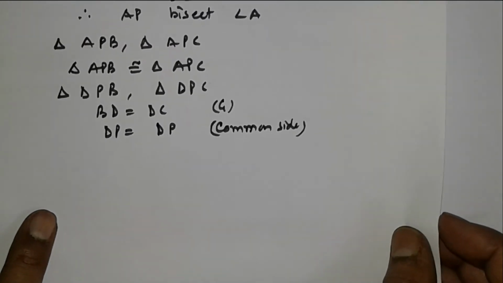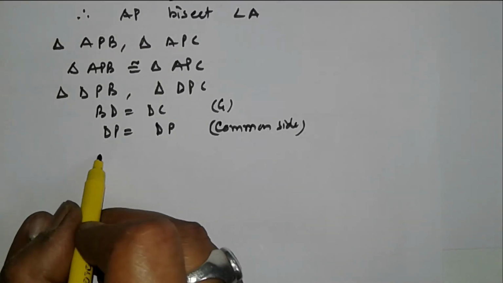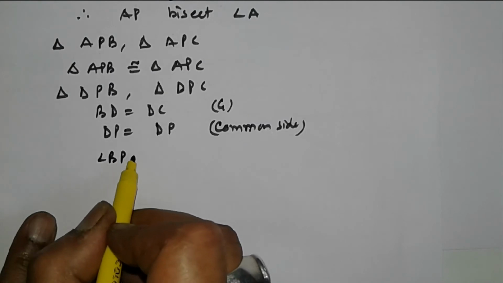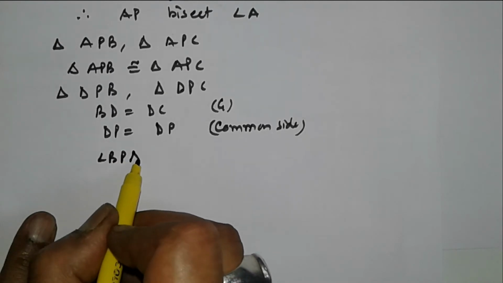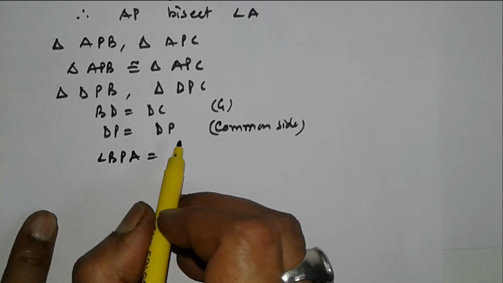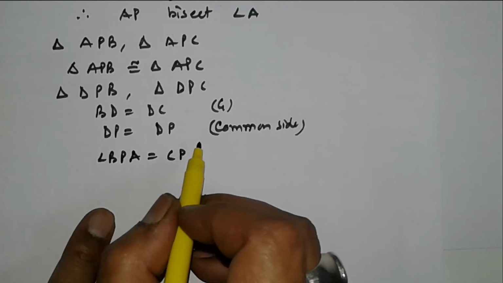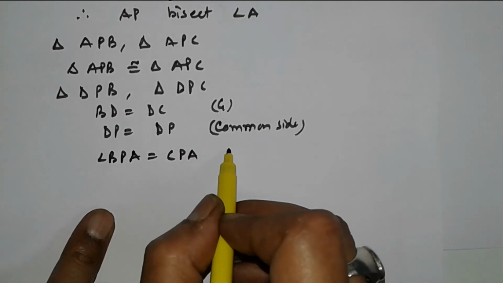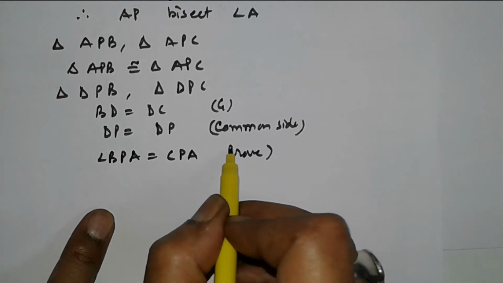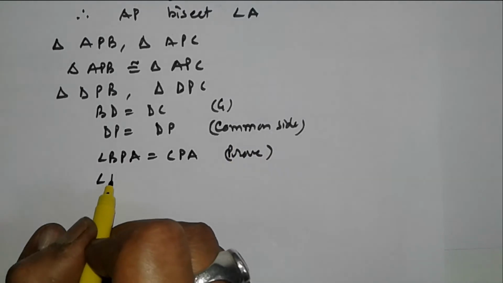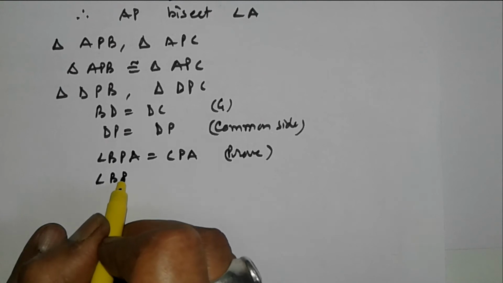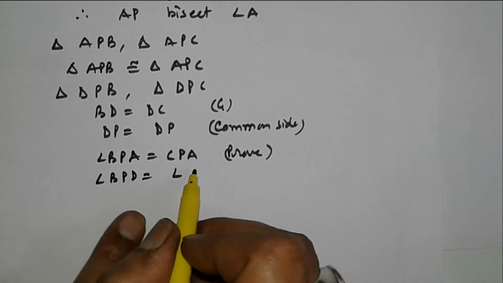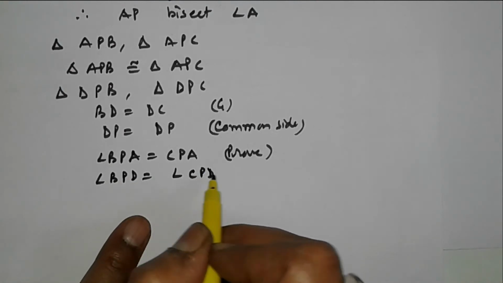And the third part we have already proved, that is angle BPD, or BPA, is equal to angle CPA. It is proved. Actually it is BPD, equal to angle CPD.